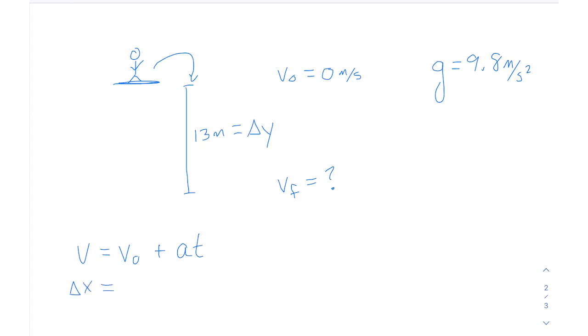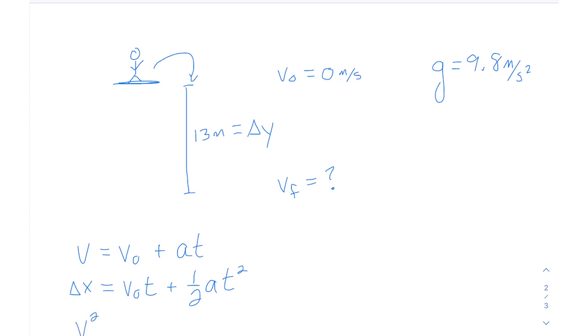I like to use delta x versus delta y so that I can represent which axis I'm looking at, and that would be v naught t plus 1/2 at squared. Again, great equation, but it doesn't help us here because we don't have time.